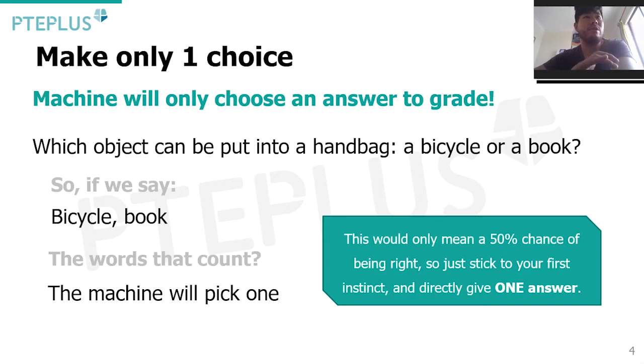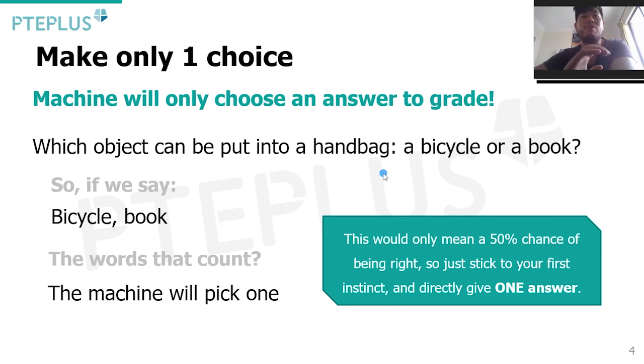Another tip we give students is make sure to only make one choice, because the machine will only choose an answer to grade. It won't choose more than one answer to grade. Here, the question is, which object can be put into a handbag, a bicycle or a book? Now, some people might think to themselves, okay, if I say bicycle, book, of course, one of those would be right.